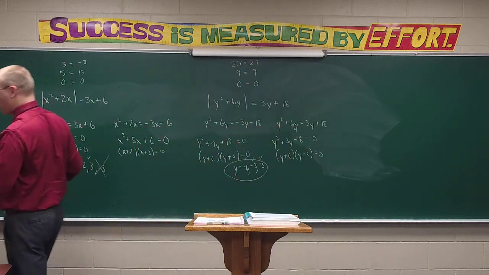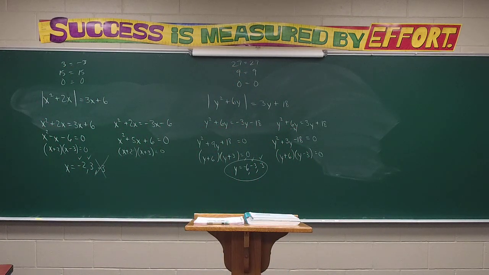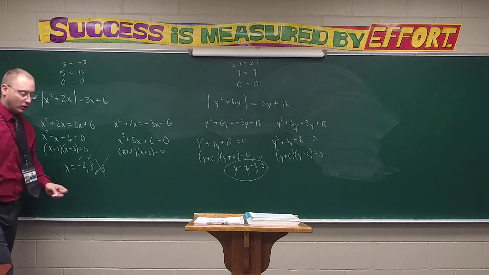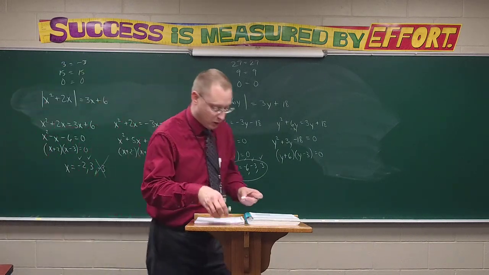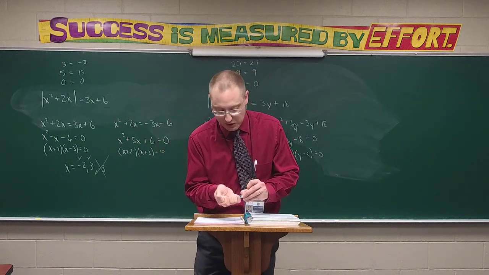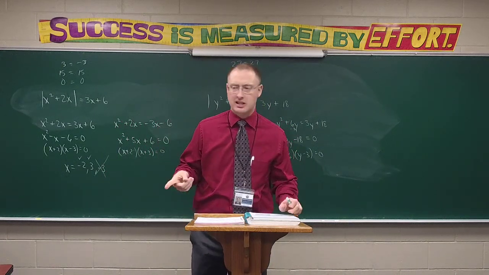We've talked before about literal equations, and truly a linear equation is a literal equation because it has more than one letter. What are the 2 letters in a linear equation, class? X and Y, right? And so it is a literal equation, and in a literal equation, we have 2 different types of variables, the dependent and the independent.